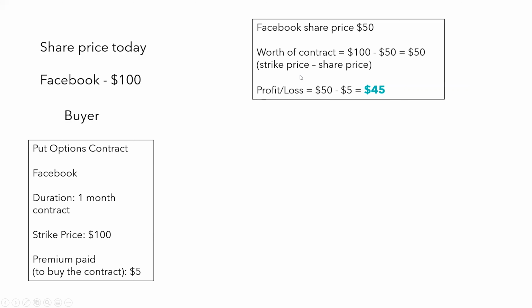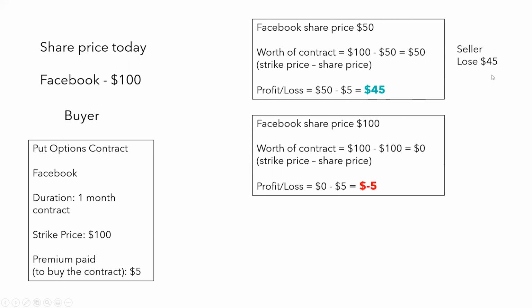In this case, the strike price is $100 based on your initial contract, and the share price is $50. So the worth of your contract is $50 if you are a buyer. Your profit after you deduct the premium you paid to buy the contract is $45. And of course, on the other end of the spectrum, the seller will lose $45 as well.